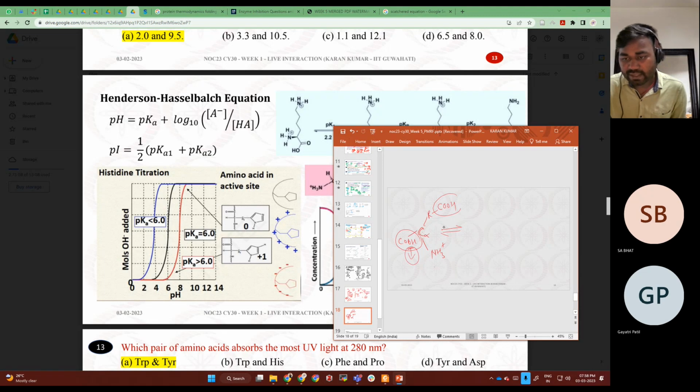Okay, so in the lower pH, both will exist in the negative charge. Okay, so at the lower pH you will have -2. Am I correct? No. At the lower pH everything will be protonated.